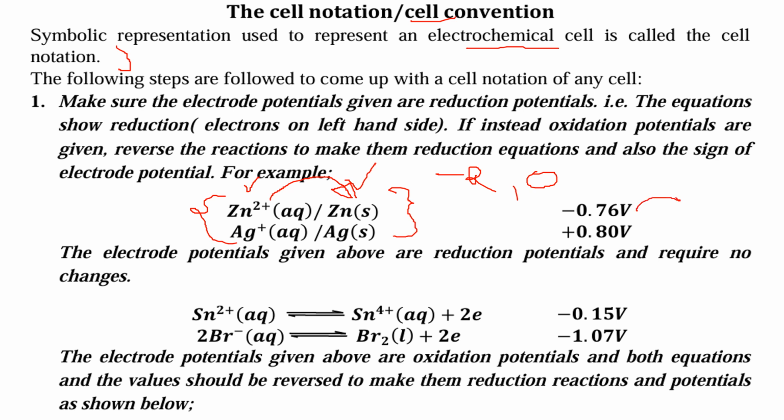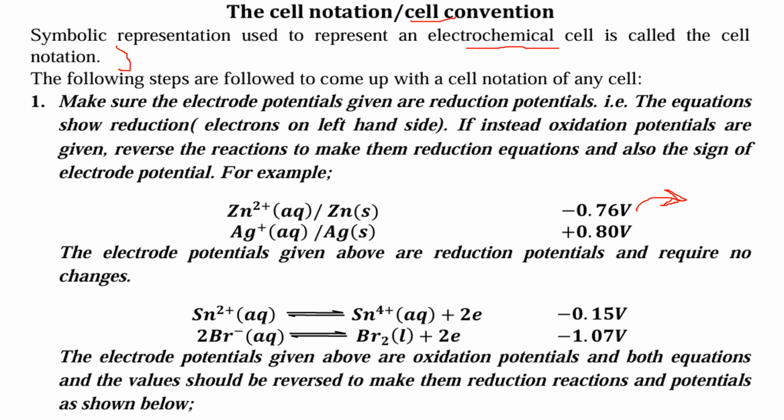And this value here is called the reduction potential value, though it's also called the EMF. Also here you are seeing that silver is reducing from an oxidation state of +1 to 0, which also involves a reduction in oxidation state, and also qualifies as a reduction potential.